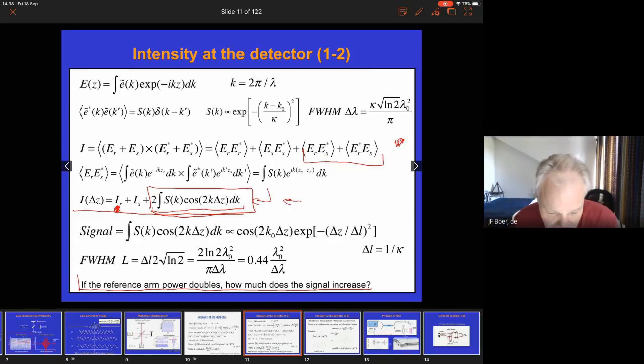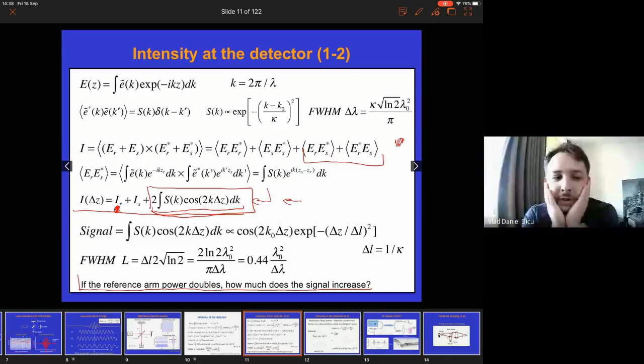So in other words, I could say that my signal becomes stronger. The amplitude of the interference that I see increases by a factor square root of 2. Isn't that beautiful?